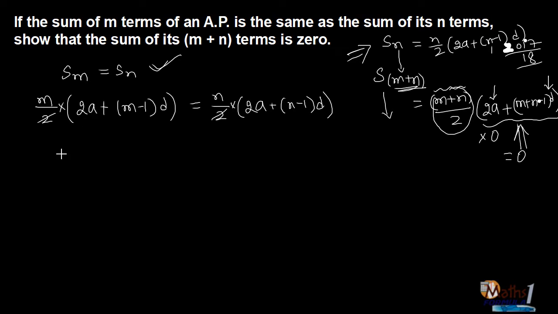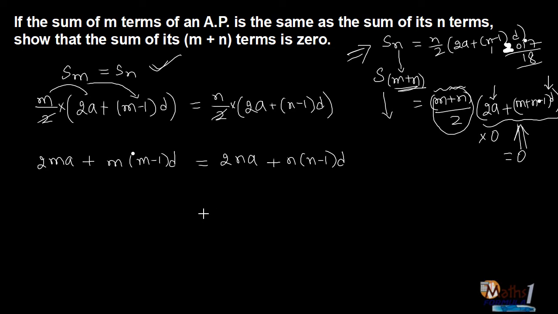Now I'll take everything to one side and put equals 0. m into 2a is 2ma, plus m into m minus 1 d, equals 2na plus n into n minus 1 d.